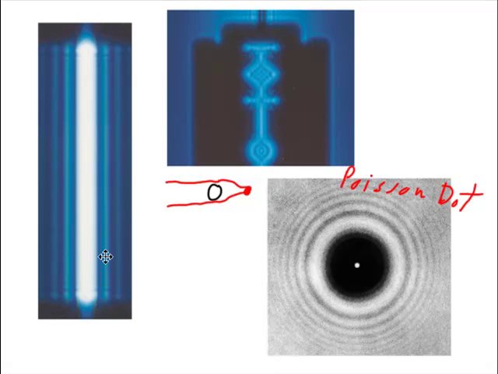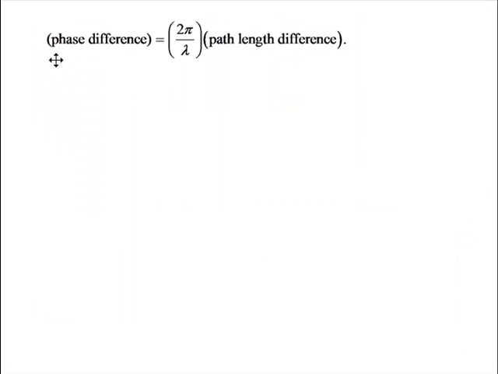To understand the dimming, it's useful to look at the phase difference between different rays in terms of angles. So the phase difference as an angle in radians is just 2 pi divided by the wavelength times the path length difference. Path length difference over the wavelength is the number of cycles of difference, and then we multiply it by 2 pi radians for a cycle.